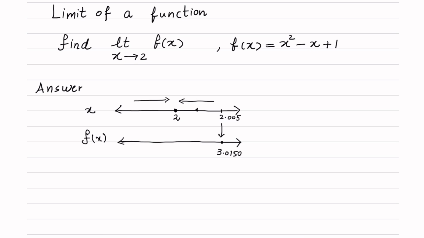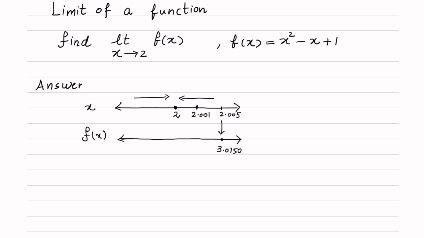This time we take 2.001. When we plug this value 2.001 in the function, we get 3.003. So we can see that as we are approaching 2 from the right side of 2, the values of the function are getting closer to approximately 3.